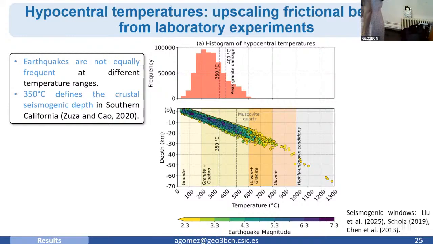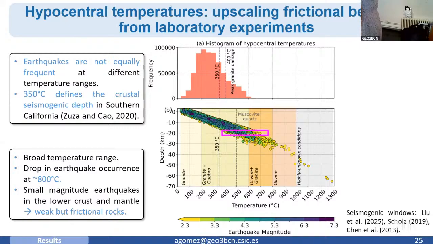So we are pretty much in agreement with them. However, we think that maybe the 400 degrees, which is the peak of the granite damage, might be a more solid boundary for this transition.